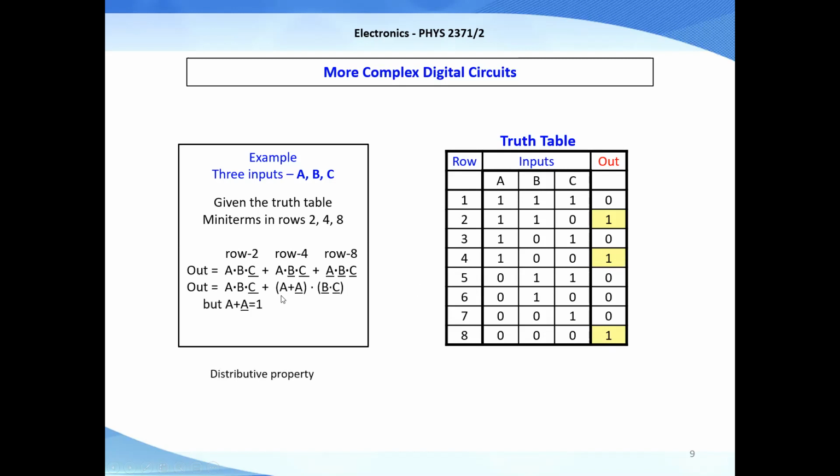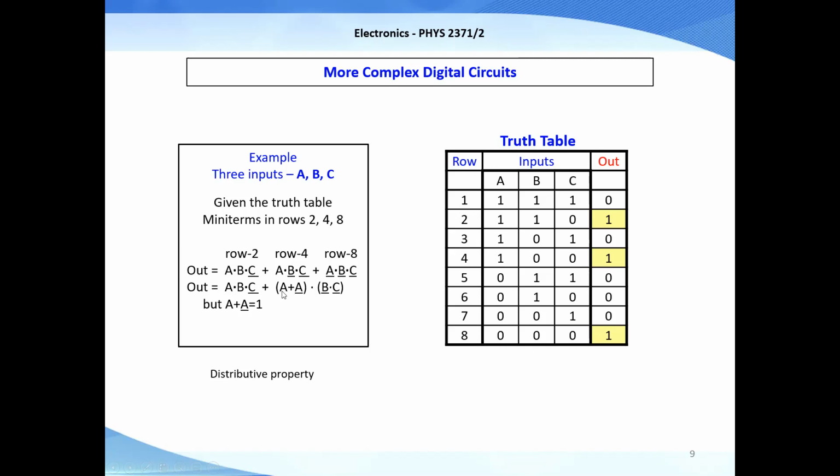And then you can simplify these things. Here, B bar C bar is in both, so you can factor out the A and you can factor out the B bar C bar and get A plus A bar times this.